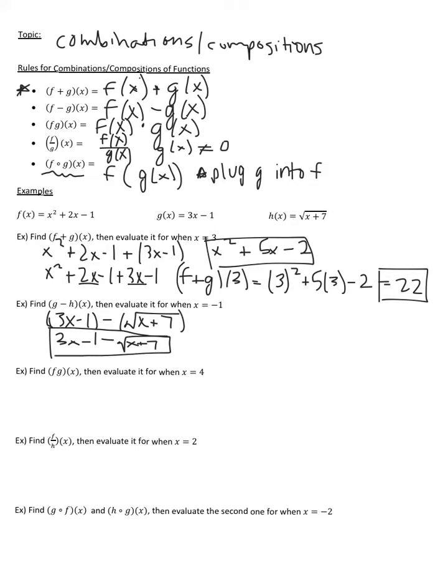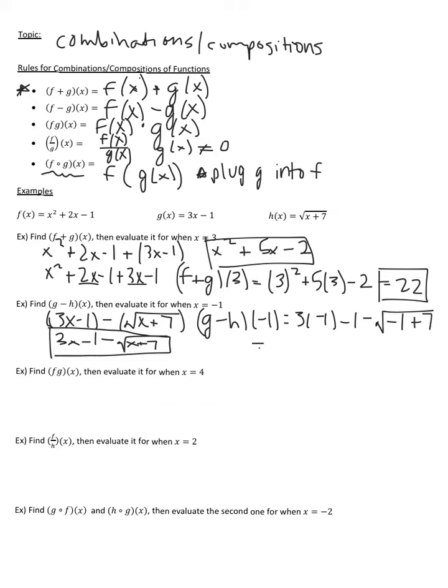Now, if we want to evaluate that for when x equals negative 1, let me go ahead and write it a little more clearly. We're going to have g minus h of negative 1 equals 3 times negative 1 minus 1 minus the square root of negative 1 plus 7.